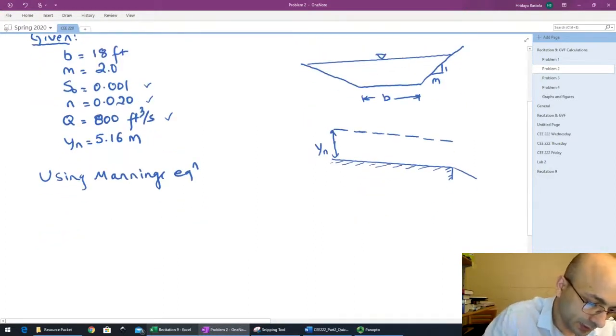Here the units are British units, so we'll make sure we include the 1.49.